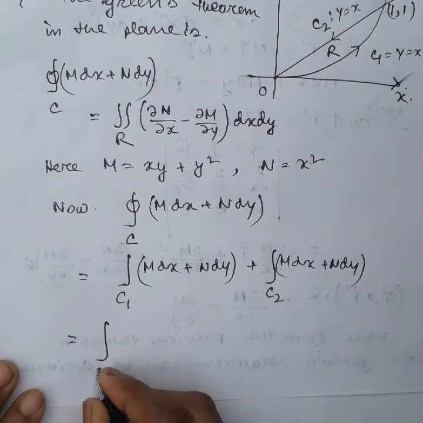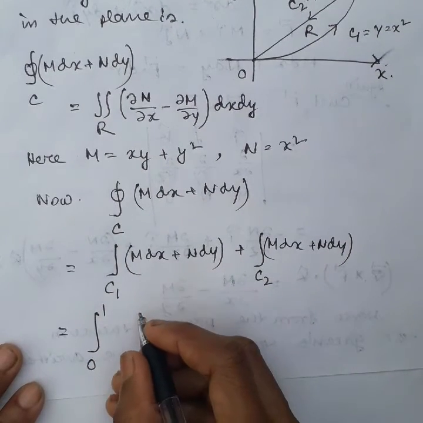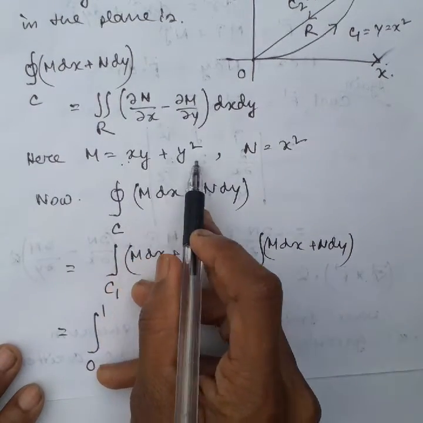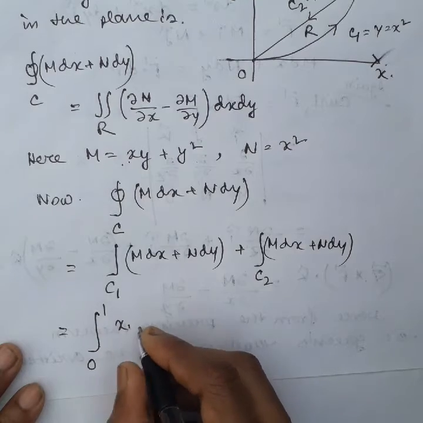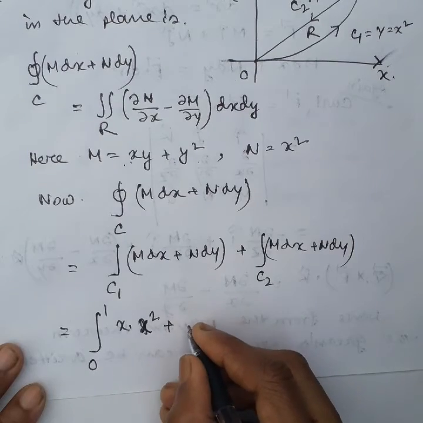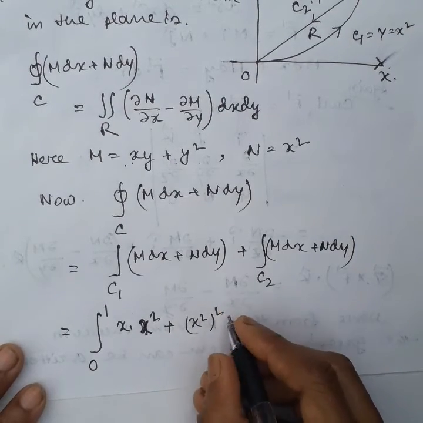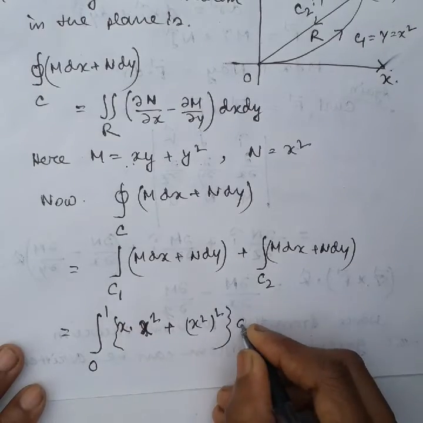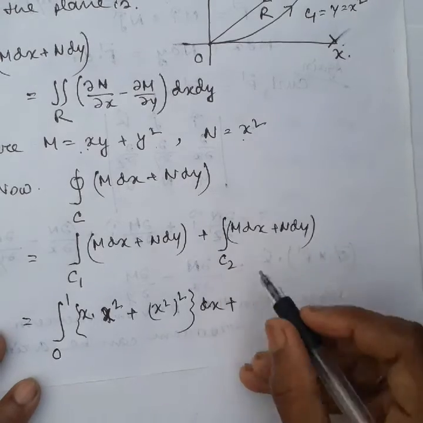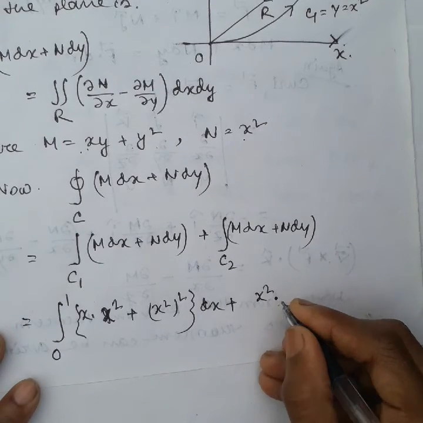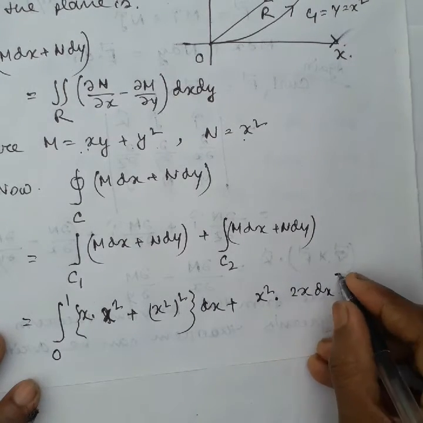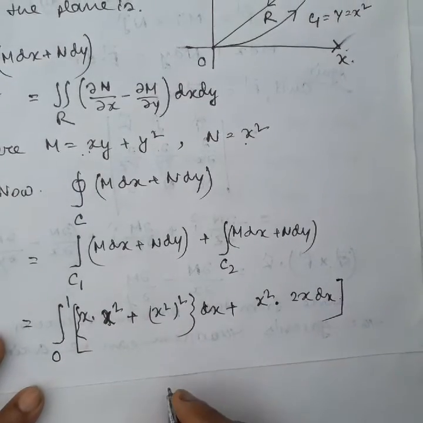So here it is, first the integration from 0 to 1, where m is xy plus y square. So x into y means x square, plus x square whole square, this dx plus n dy. N means x square, dy means 2x dx. So this is along C1.